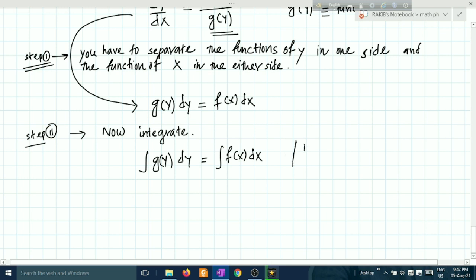If there is a limit given, then put the limit.